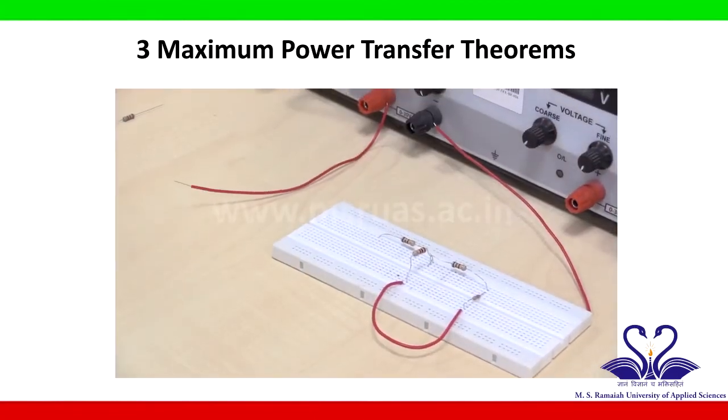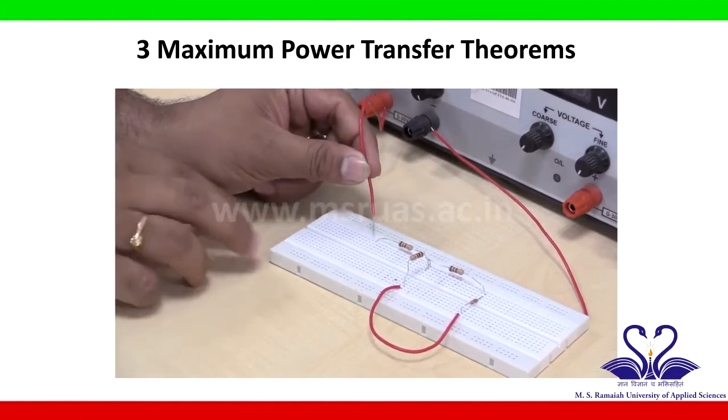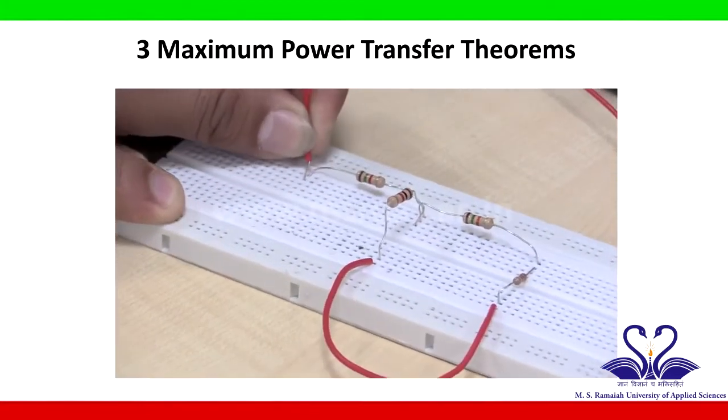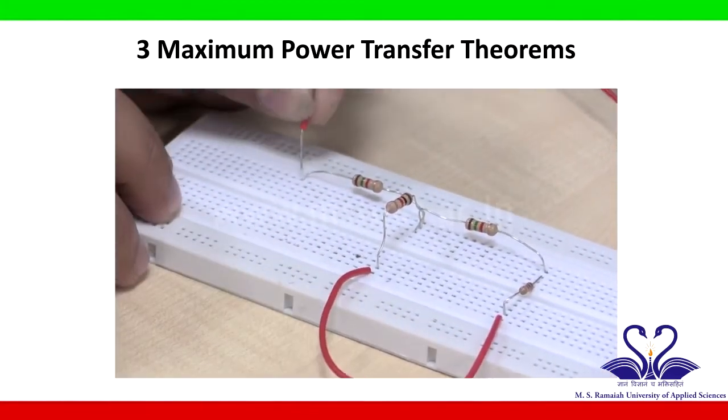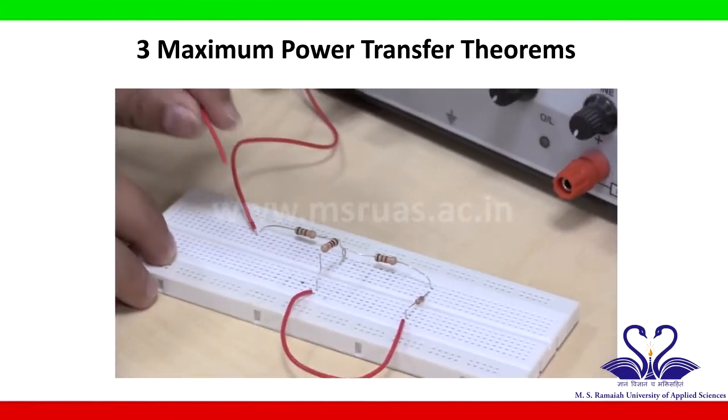The positive terminal is given to the first 1.5 kilo ohm resistor point. The negative terminal is given to the ground point.